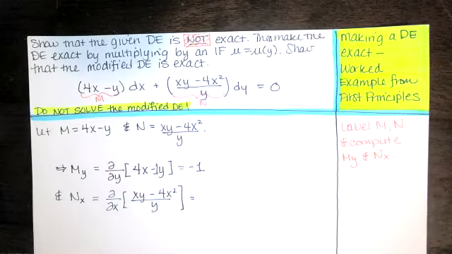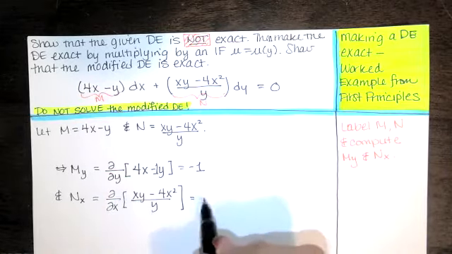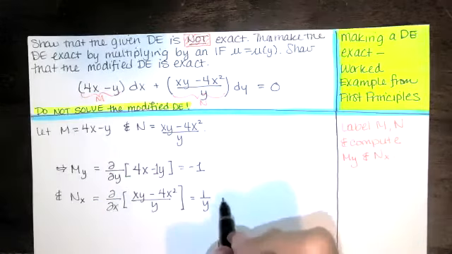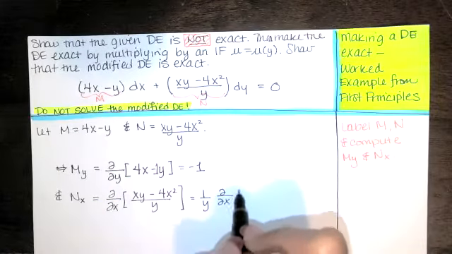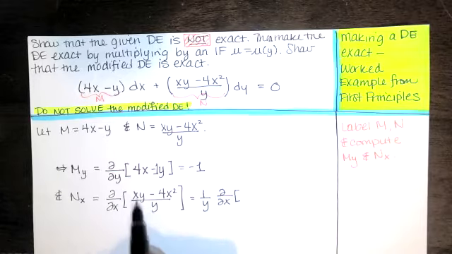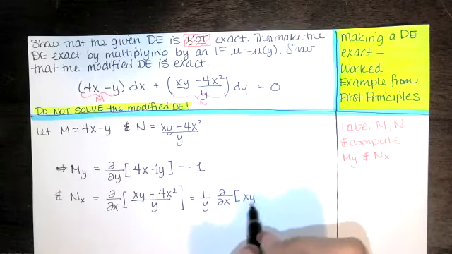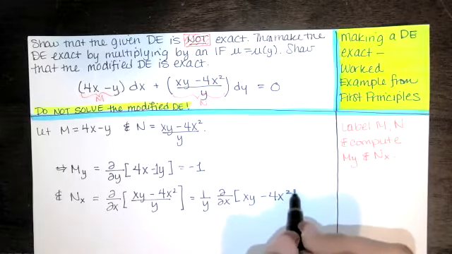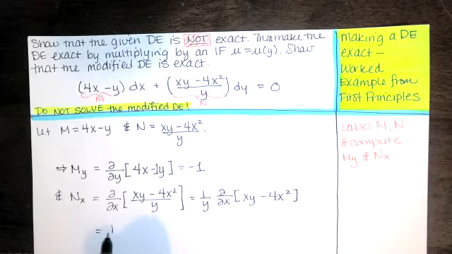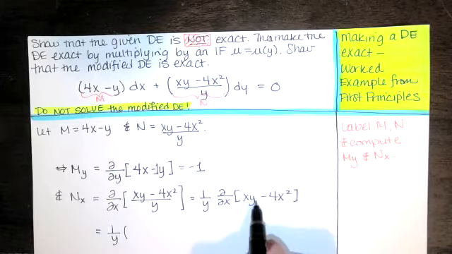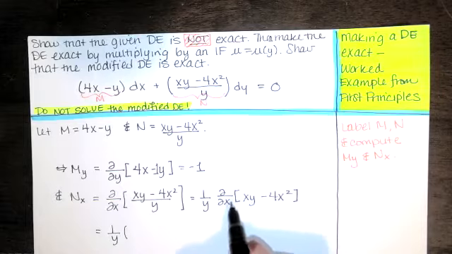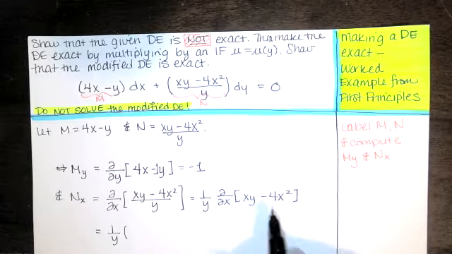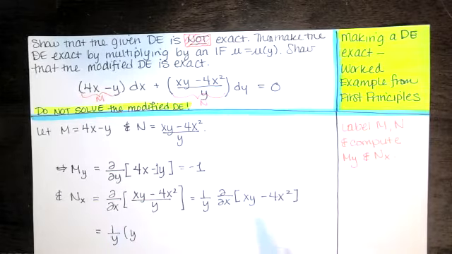Now, I would just notice right away that y in the denominator is being treated like a constant in this context. So I would factor that out. And then think about taking the partial derivative with respect to x of xy minus 4x squared. Well, if y is being treated like a constant, this is the derivative of a constant times x with respect to x. The derivative of a constant times x is just the constant, which is y.